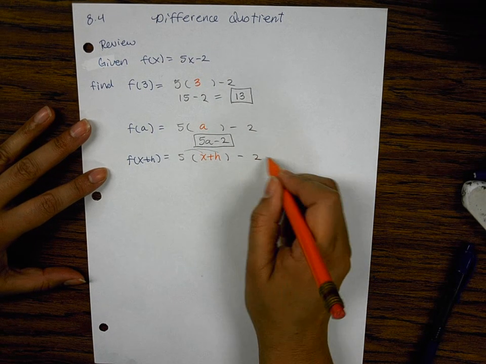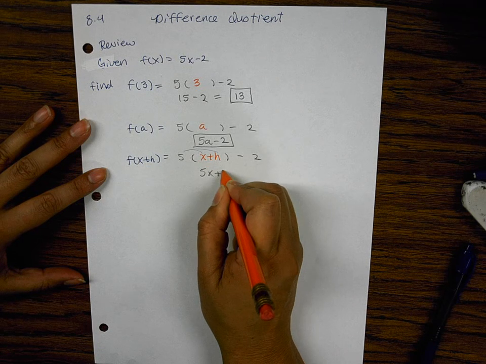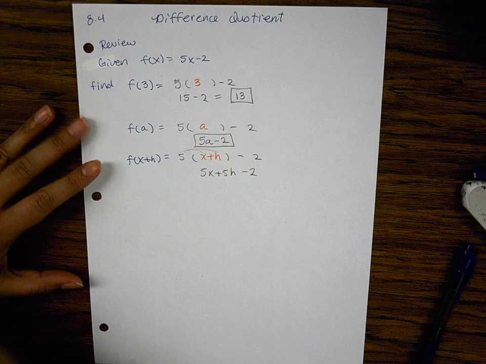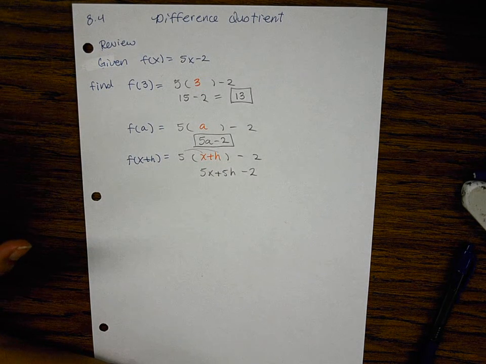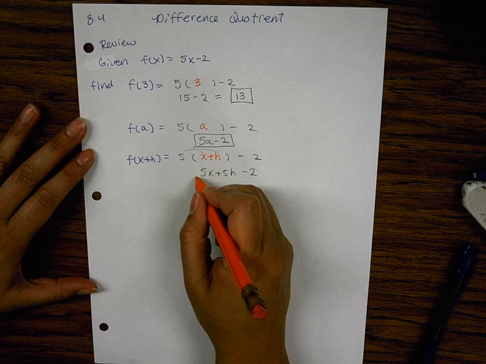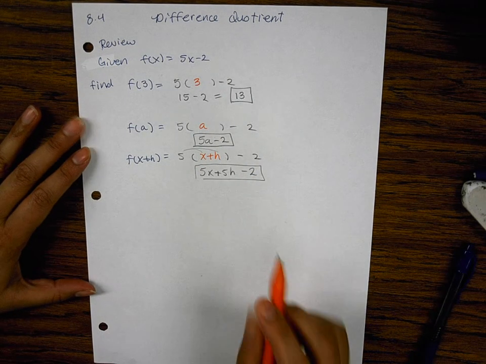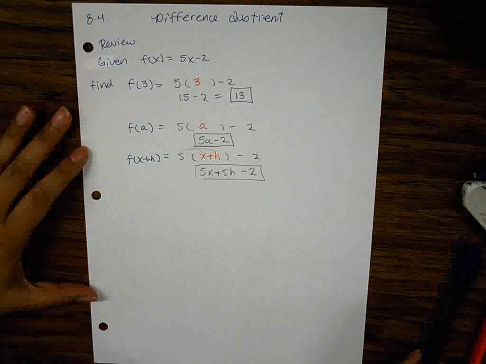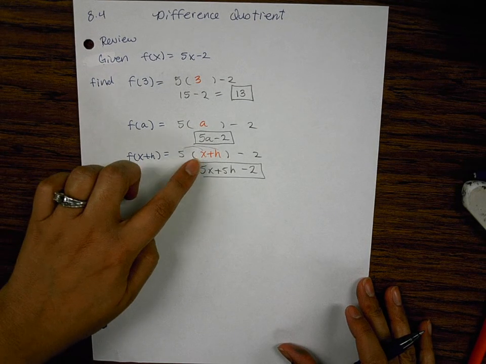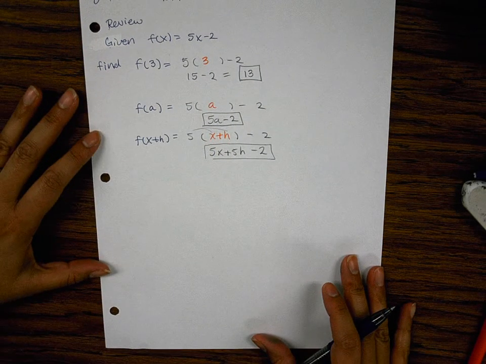This one, I'm hoping you recognize that there's nothing you can do other than distribute. So you have 5x plus 5h, take away 2. At that point you look for like terms, none exist, so this is your final answer, 5x plus 5h minus 2.